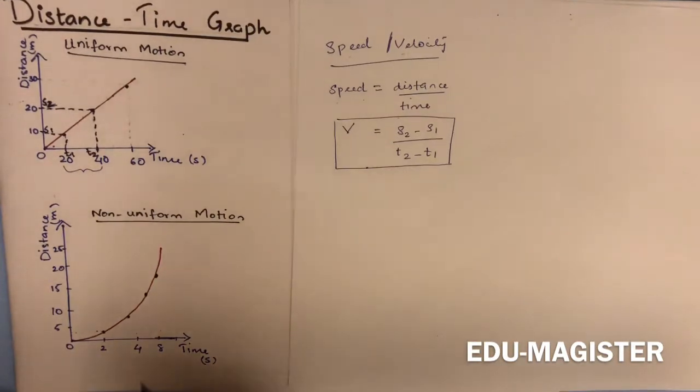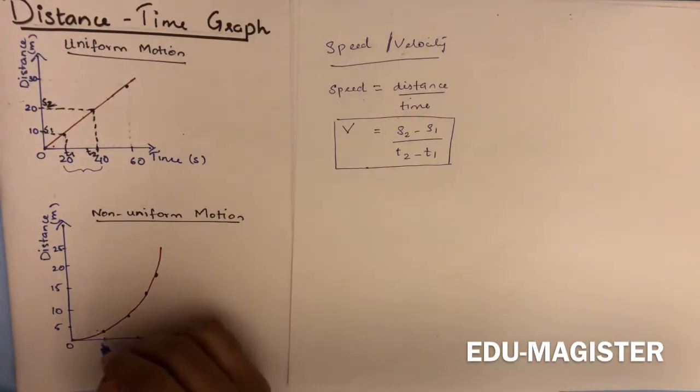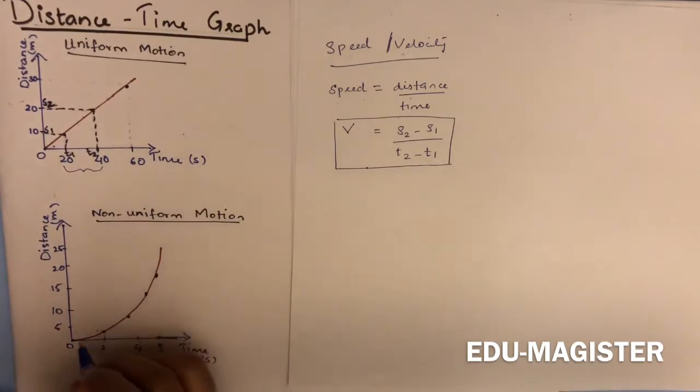Now similarly, in the case of a non-uniform motion, you can draw perpendiculars like this.